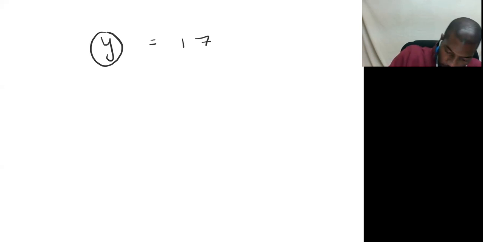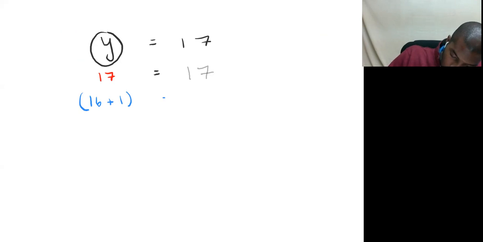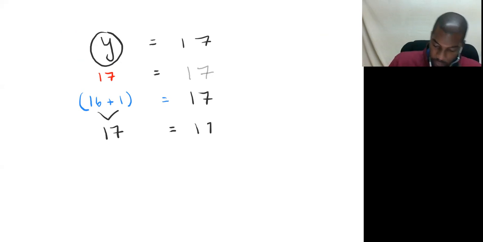Well, most obviously, y could in fact be 17, because 17 equals 17. It could also be 16 plus 1. Well, why could y be 16 plus 1? Well, because 16 plus 1 is 17, and 17 equals 17.